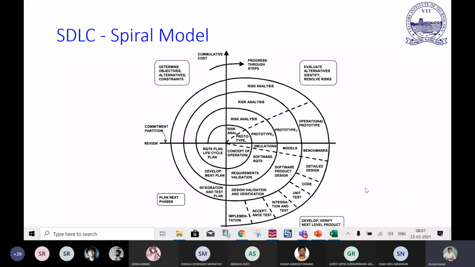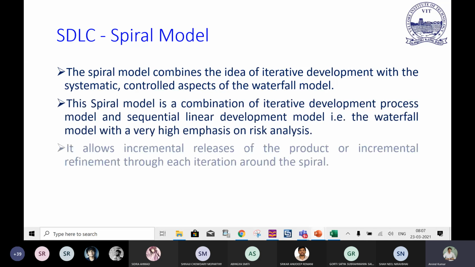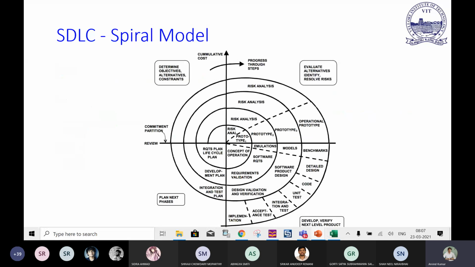Okay, fine. So at the starting phase, you have to find out your objectives, alternatives also, and some other constraints like price and budgeting. Then you have to evaluate in terms of risk analysis. Everything will be done here, and then we move towards the next phase, which is the coding section.